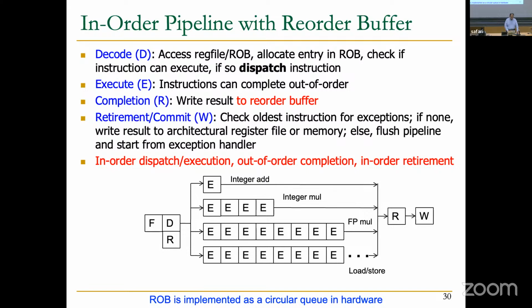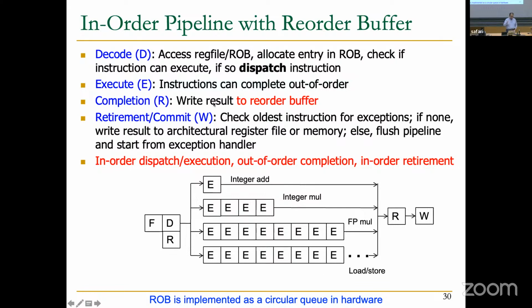Okay, so now in our in-order pipeline with reorder buffer, we have a decode step where we access the register file and reorder buffer, allocate an entry in the reorder buffer, check if the instruction can execute, and if so, dispatch it. We have an execute step, where instructions can complete out of order. Then we have completion, where we write the result to the reorder buffer.